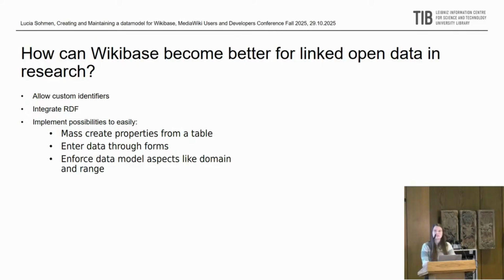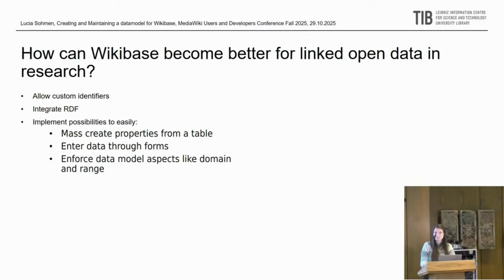And then, well, this isn't just necessarily for linked data, but just from working with all these research projects that don't have a lot of experience with Wikibase, it would be great if there was an option to create properties from a table, just like classes and instances in OpenRefine, if there are good, easy to understand forms for Wikibase.